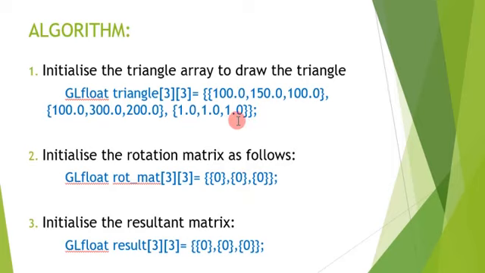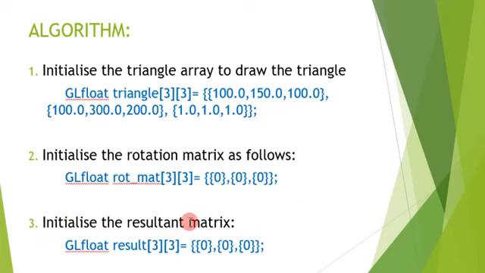Okay, so the second step is to initialize the rotation matrix as GL float. I have taken my array again, rot underscore matrix, that is rotation of the matrix 3 by 3, and initialize the rotation matrix with 0, 0, 0 values. Then the third step is to initialize the resultant matrix.